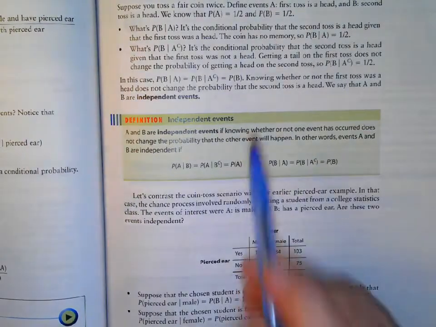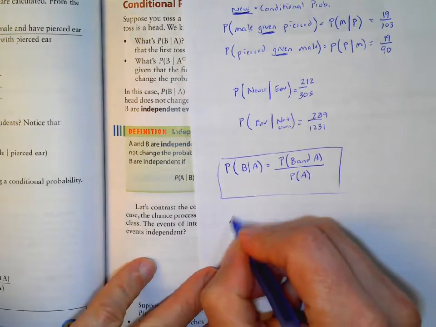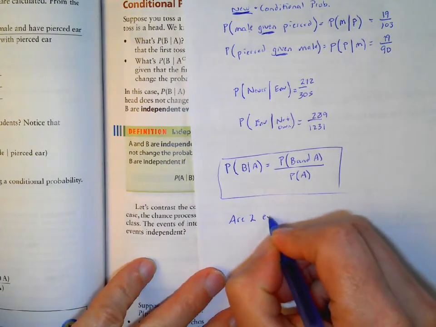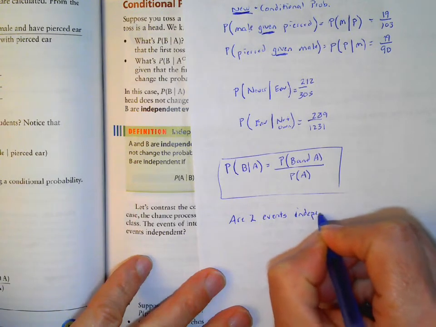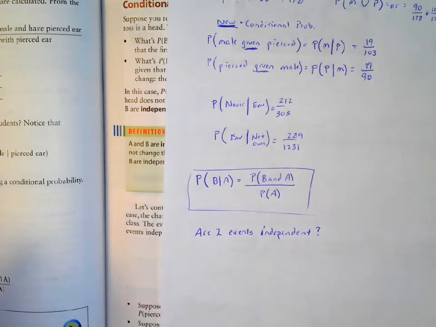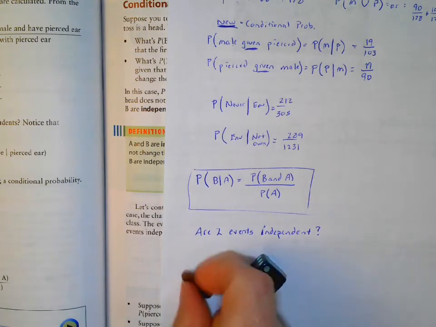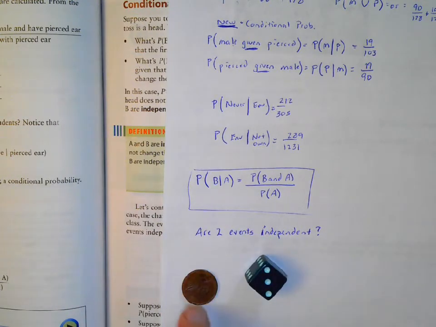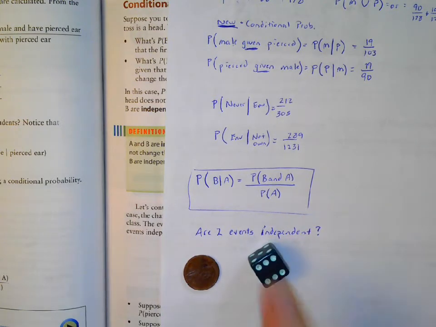The next thing is talking about independence. Are two events independent? Let me give you some examples. Let's say I have two events. One event is flipping a coin, and the other event is rolling a die. When I flip this coin, I'm going to get either heads or tails. Does the outcome of this affect what happens to the next one?